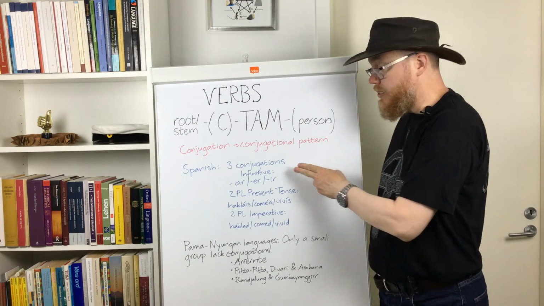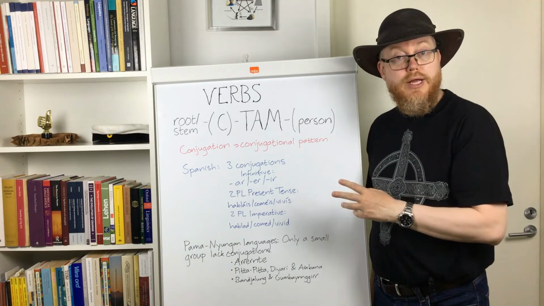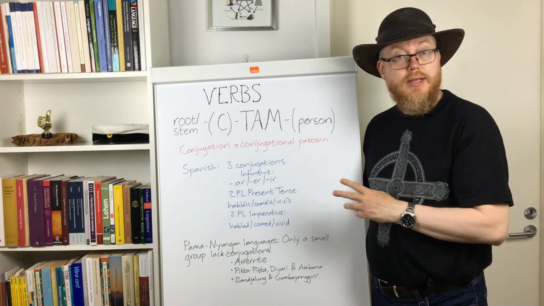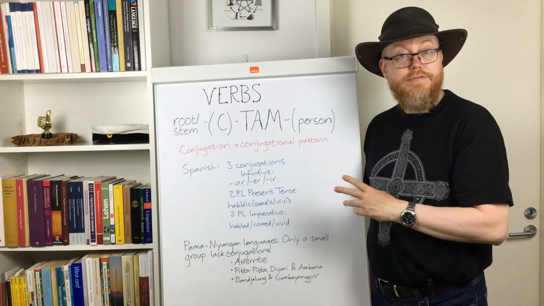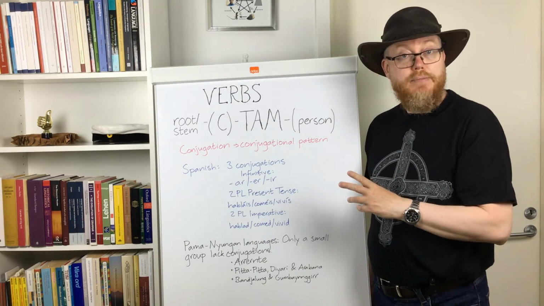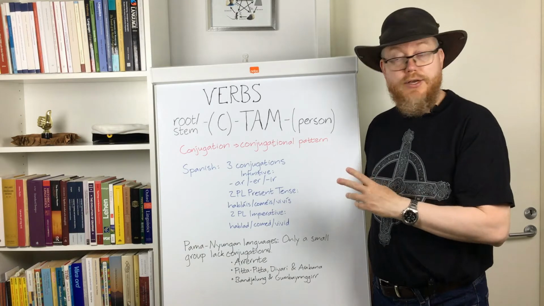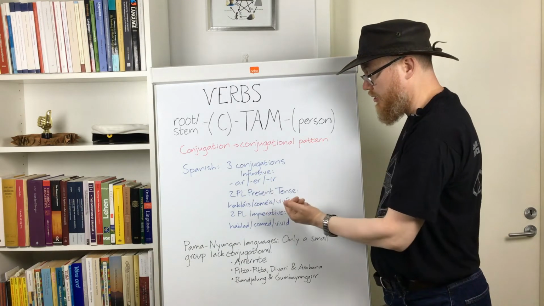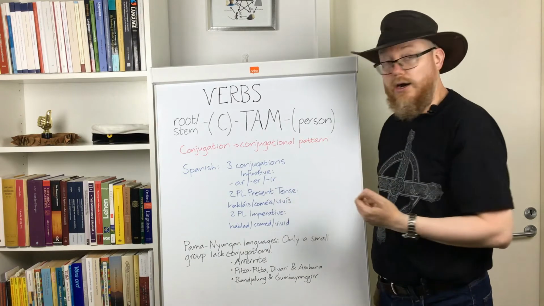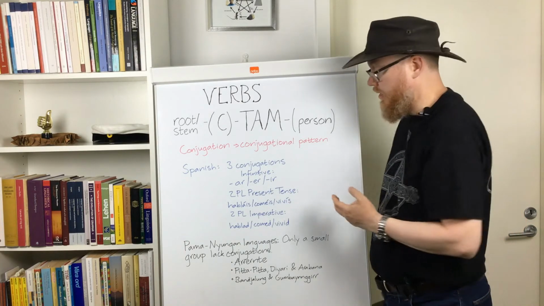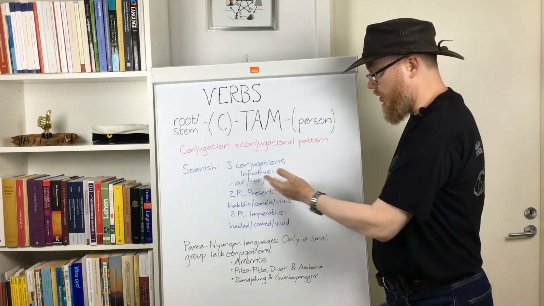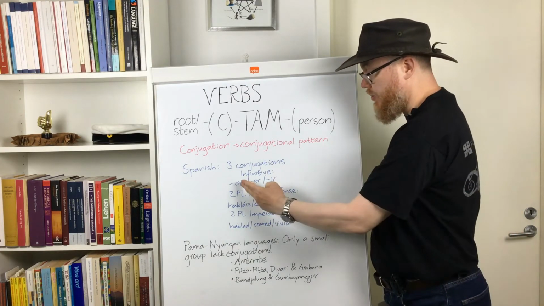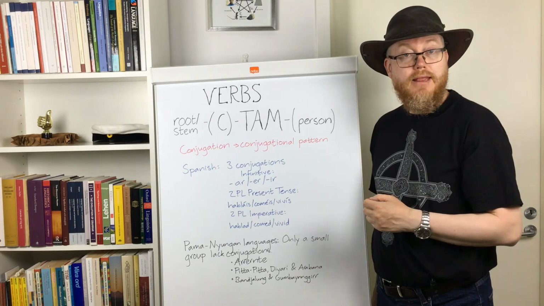Students of Spanish will know that there are 3 conjugations in that language, and in the infinitive forms, the verbs in the 3 conjugations end with AR, ER, or IR. These two are actually fairly similar to each other, and this one is distinct.